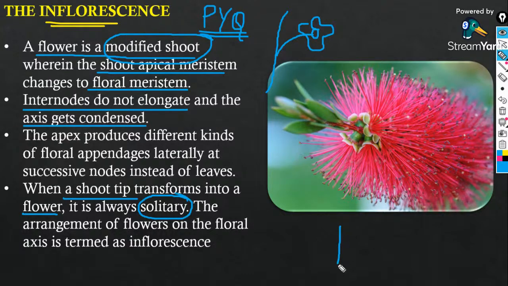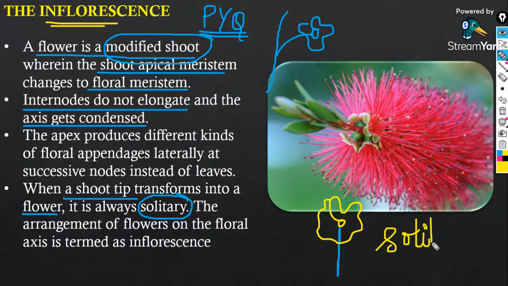Guys, this is the stem, and this is the tip of the shoot, right? If the tip of the shoot itself is converting into a flower, then that kind of flower would be solitary, that is, single in nature.